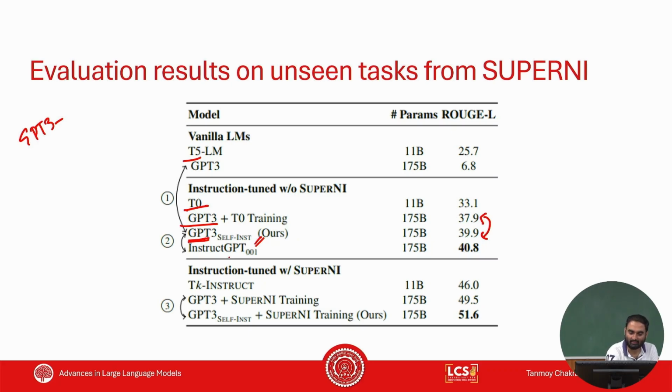And if you use their model, which is called InstructGPT, you can see a further boost. They also showed that if you first fine tune GPT-3 on the supernatural dataset I mentioned earlier, and then you further fine tune with self-instruct data, you get further boosting, and so on.